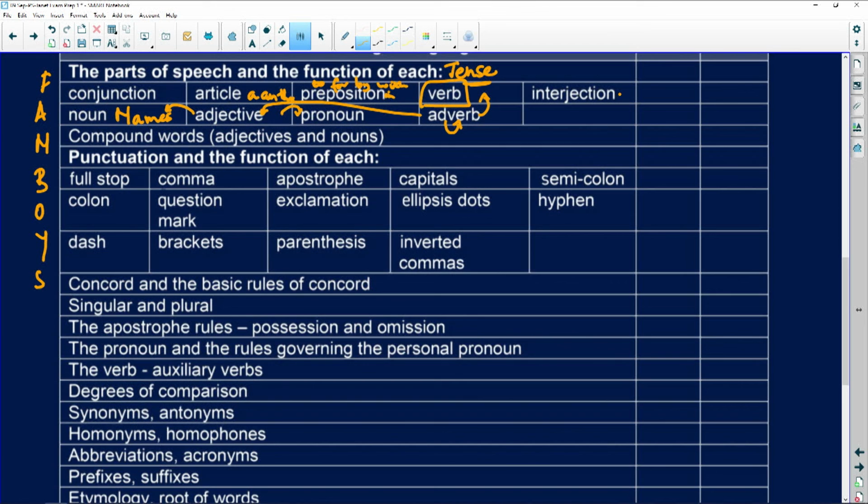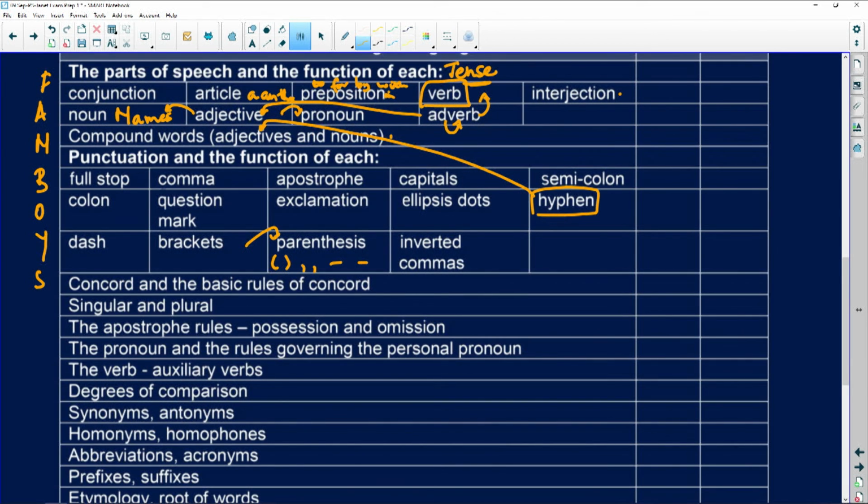That's things like oh. Compound words and adjectives are made up of more than one word. You need to know all of your punctuation. Parenthesis is brackets, double commas, or double dashes. So brackets are a form of parenthesis. You need to know your hyphen because it creates compound words.